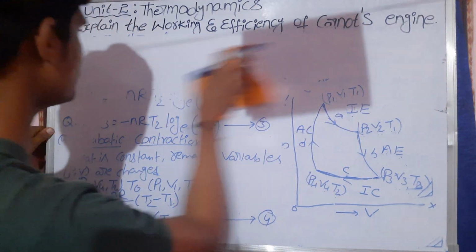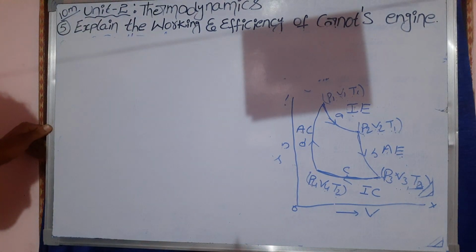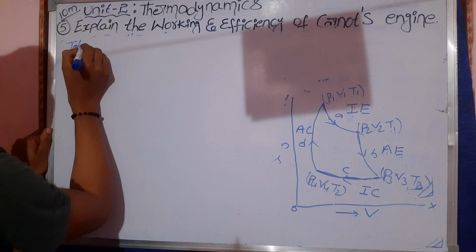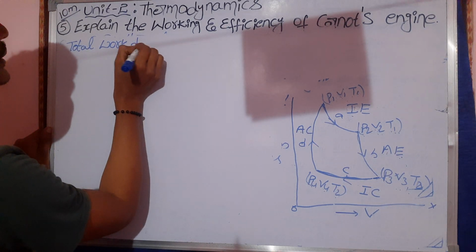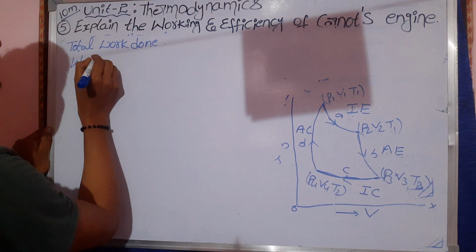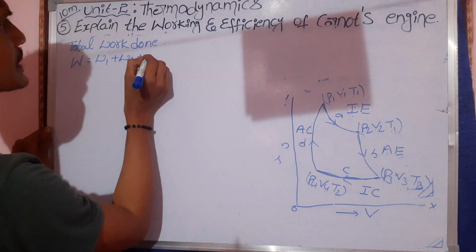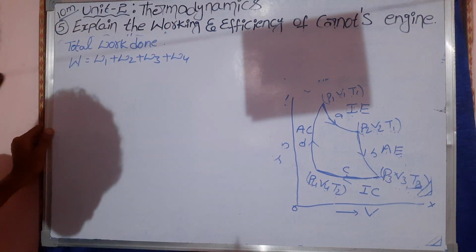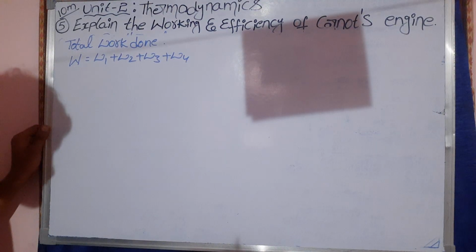Next, total work. Total work done, W equals W1 plus W2 plus W3 plus W4.